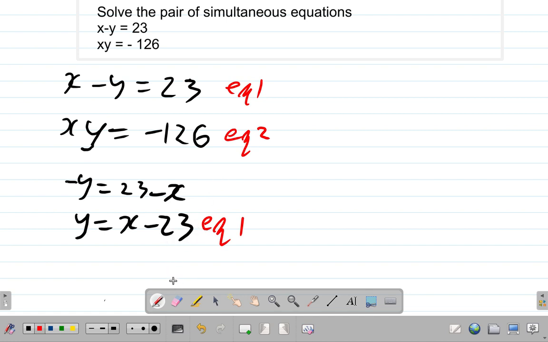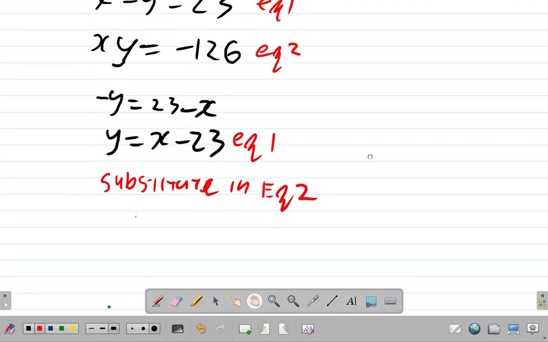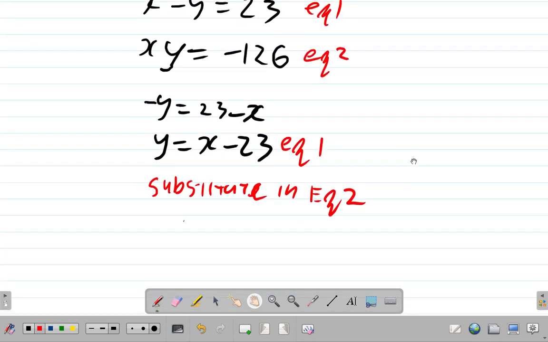Now, the next step is to substitute in equation 2. Let's do that. Now we know that y is x minus 23.